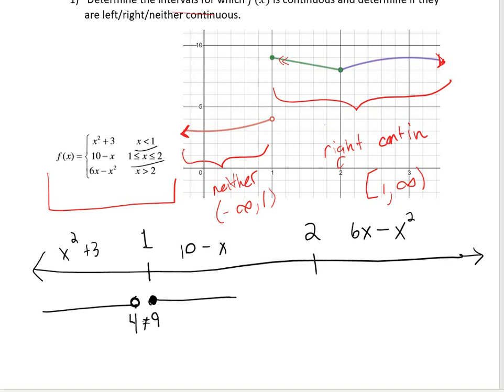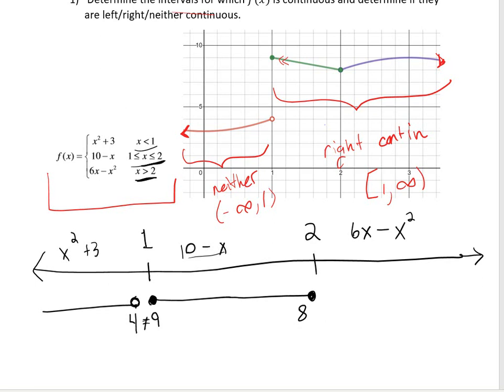Now, as I approach 2 from this left-hand side, remember, x value is less than or equal to 2, I'm going to be using this equation again. It's going to be approaching 8. Now as I approach 2 from the right-hand side, so values a little bit bigger than 2, I'll be using this equation.